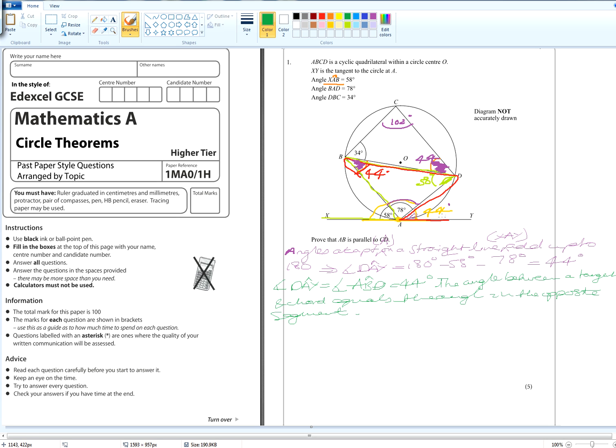So we have now just explained what this angle is and that angle is. Okay? Are we happy with that?